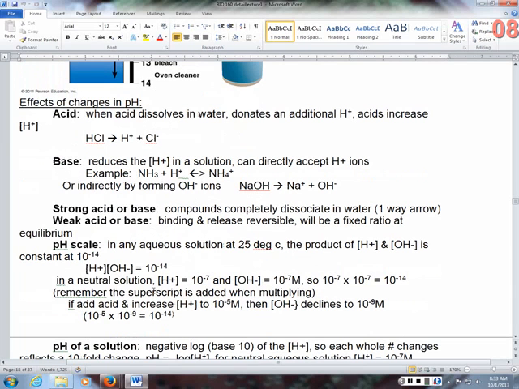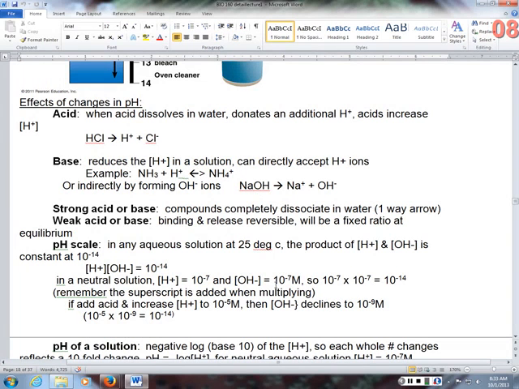So when we talk about something being a weak or strong acid or base, it's not the pH that's going to determine whether it's weak or strong. It determines whether it completely dissociates in water, in which case you represent it with a one-way arrow, and that's a strong acid or base.